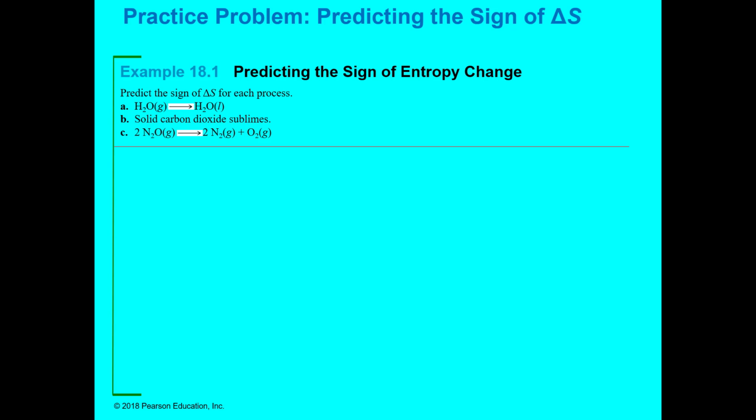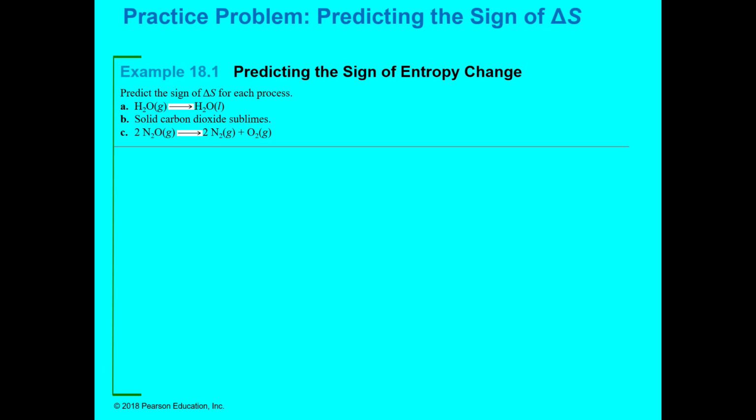All right, so how does this apply? So we can predict just by looking at the components of a reaction if the change in entropy is going to be positive or negative. And so it's either if we're changing temperature or we're changing states or whatever.